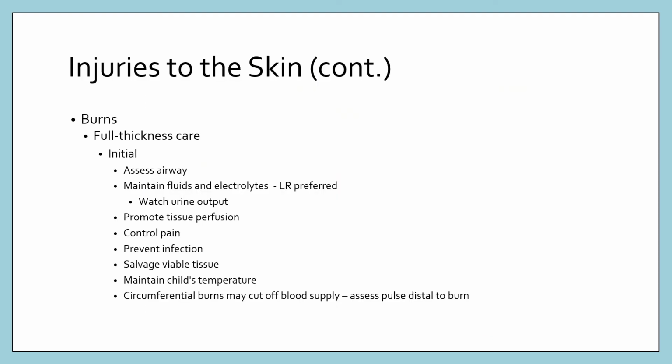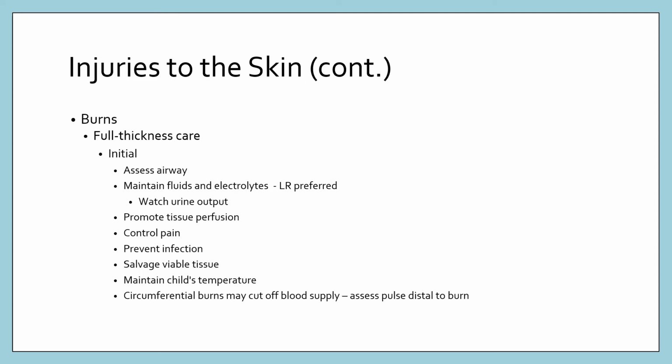Full thickness burns. So these are the most dangerous ones. When you encounter a child with full thickness burns, one of the first priorities is ABCs, airway. If there was a house fire, for example, we want to know if their airway's patent first, and we'll talk more about that.